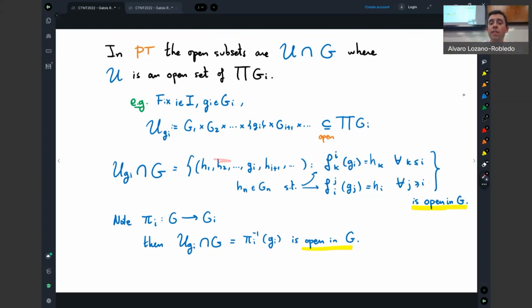For components that this component does not map to, there's no condition. Now, for other components above it that map down to the ith component, I messed up again. This has to be from above. So the jth component, if it maps down, I need to make sure that it maps down to g_i, which is a fixed element. Okay, so those are the conditions.